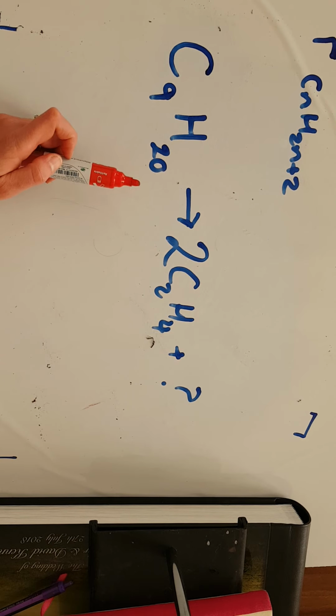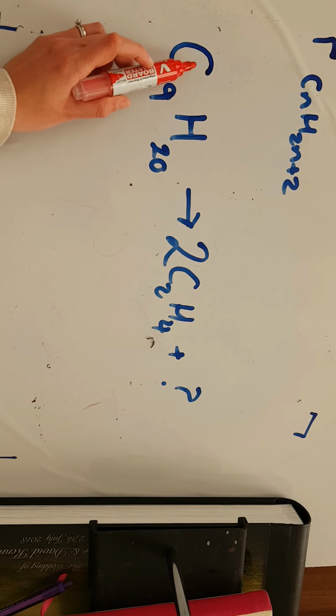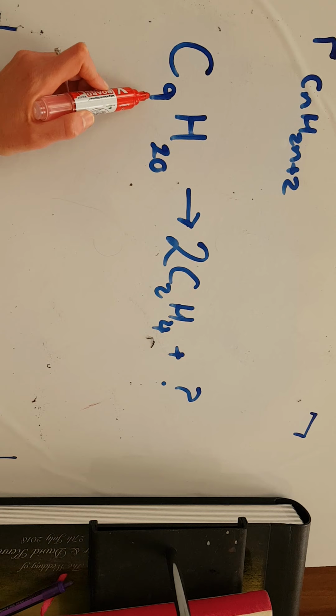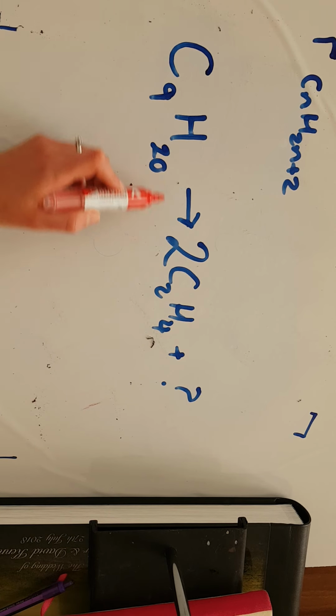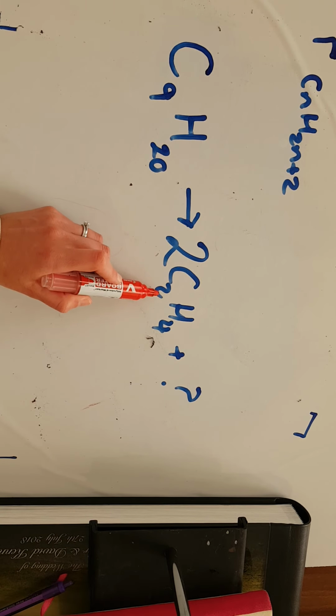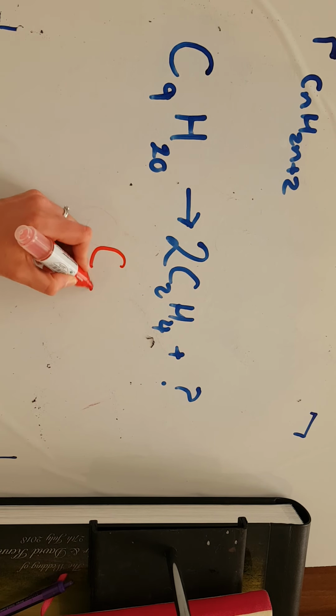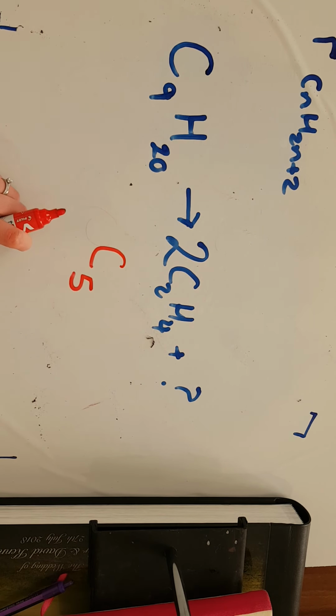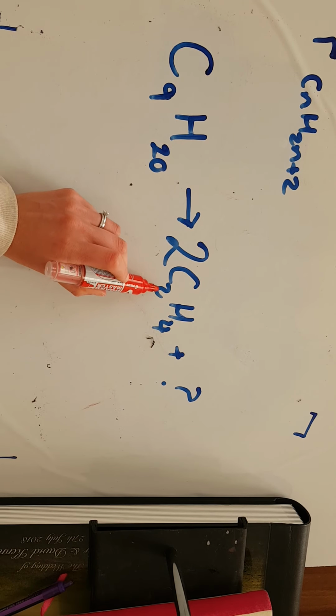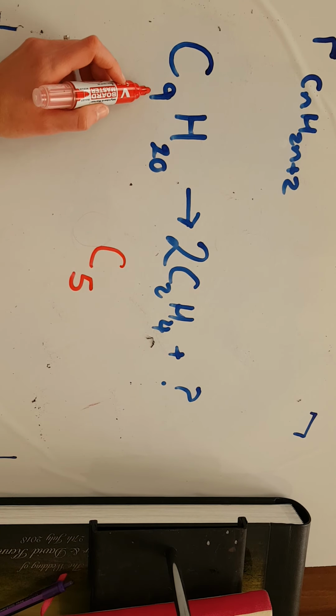So you need to take that into account when you're counting the number of carbons and hydrogens that have been used. So what I'm going to say is, well, if I started off with 9 carbons here, I've cracked it into a molecule with 2, but 2 of them. So that must mean I have 5 carbons left. 2 times 2 is 4, plus this 5 is 9.